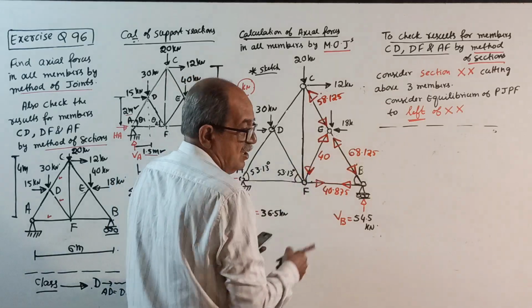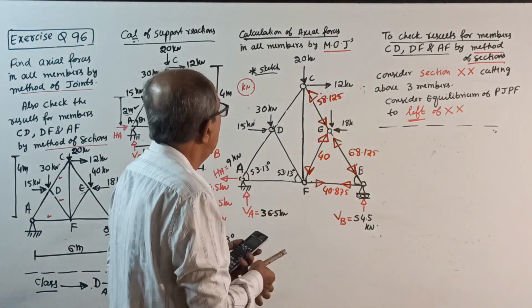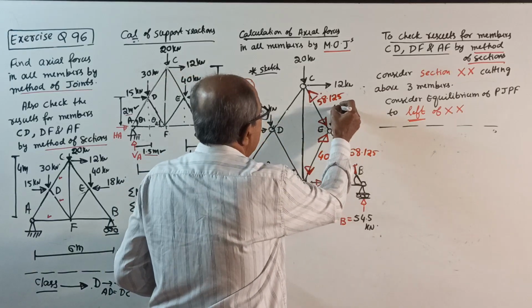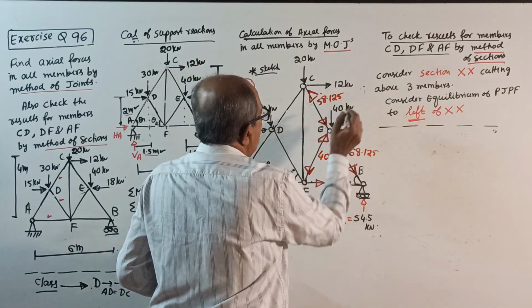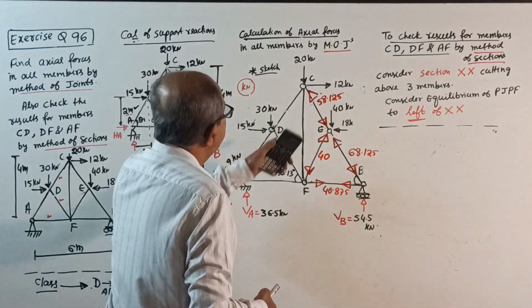Oh, round number. For a minute now, I remove that load. 40. It is a coincidence actually. Okay, 40 kilonewton. Now I will go to joint C.